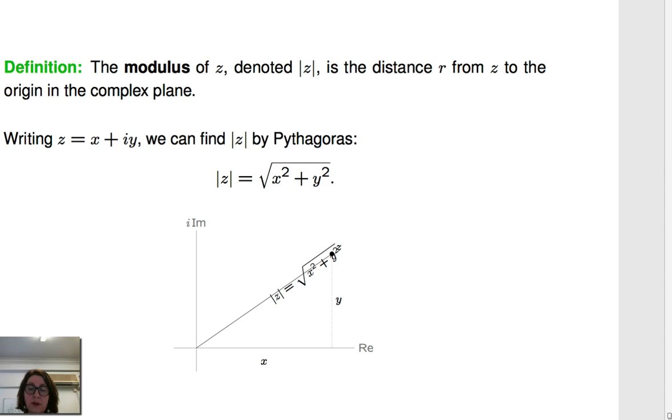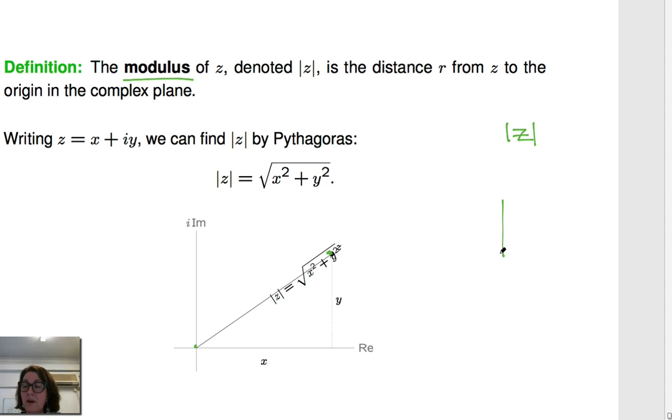So the first thing we're going to do is talk about the distance from the origin to the complex number z, and I'm sorry that this is not in the right place. The distance from the origin to the complex number is called the modulus of z, and we denote it in the same way that we denote the modulus of x when x is a real number.